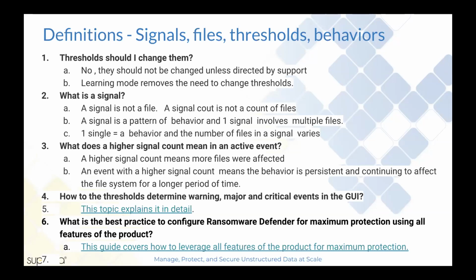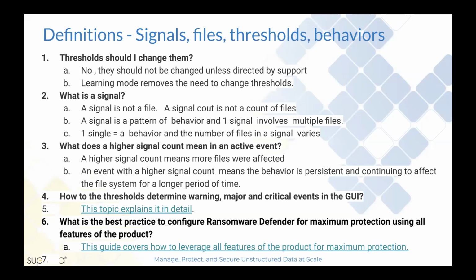And for signals, the more of them, the higher the count. It basically means the longer the behavior was occurring. That's really what it means. If a behavior is continuing, the longer it continues, that adds to the signal count.